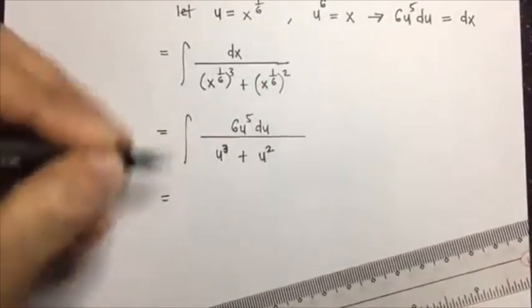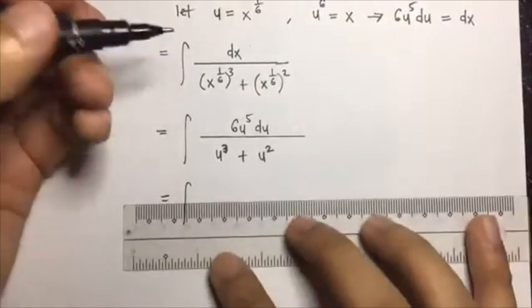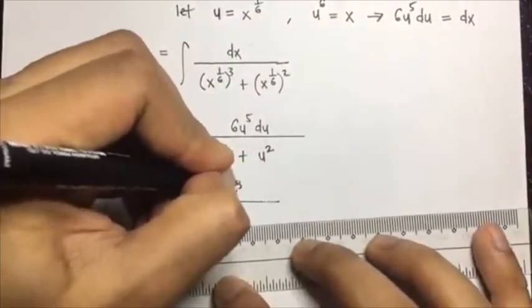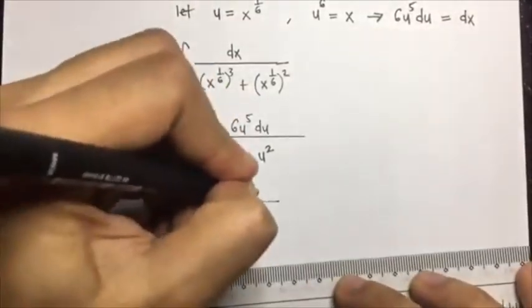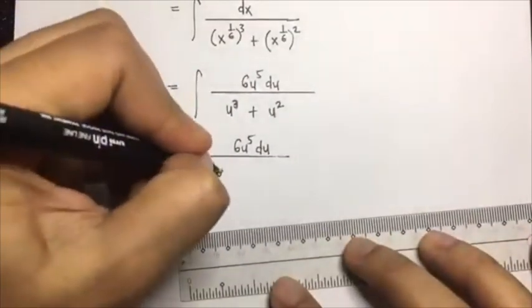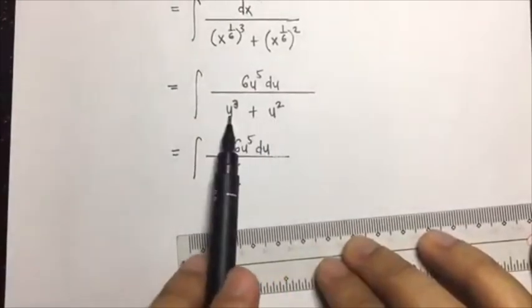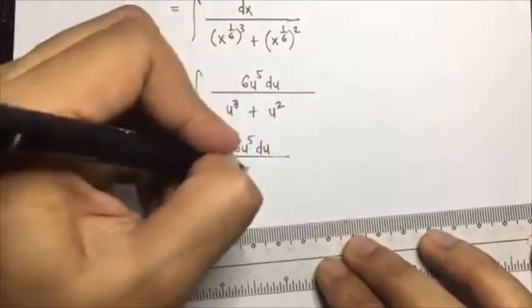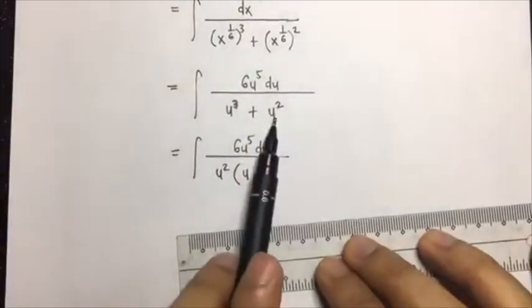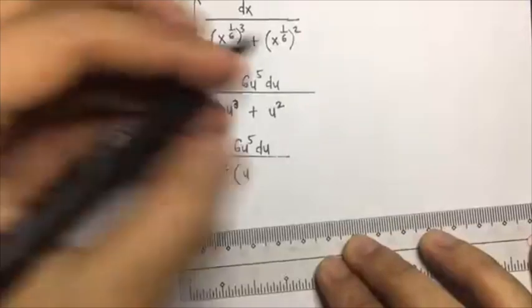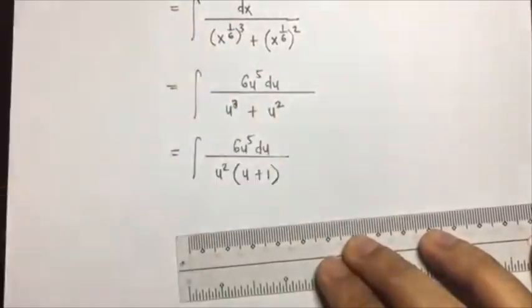Therefore it's equal to the integral of 6u to the 5th du over u squared times, factoring u squared from u cubed, what will remain is u, and factoring u squared from u squared, what will remain is 1.